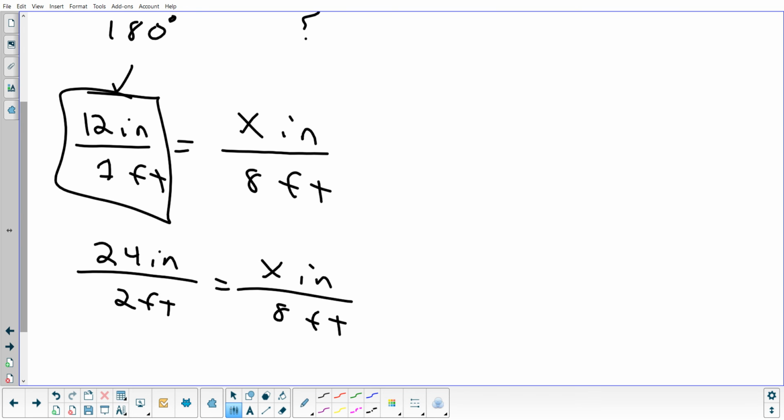Yeah, give me the exact same answer because this is still a true fact. It doesn't matter what true fact you put on this side. Simpler is better, but you can put anything you want. So in 24 inches, there's 2 feet, 12 inches, there's 1 foot. The point is, it's a fact that's true.